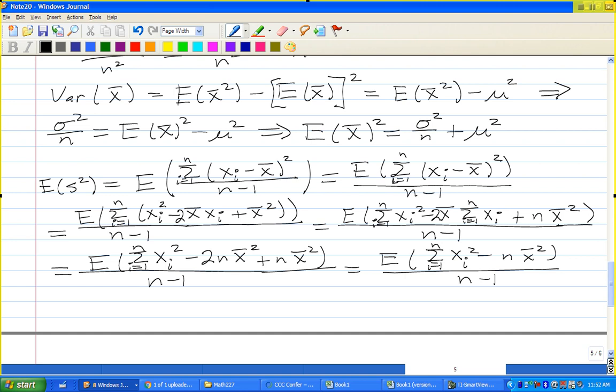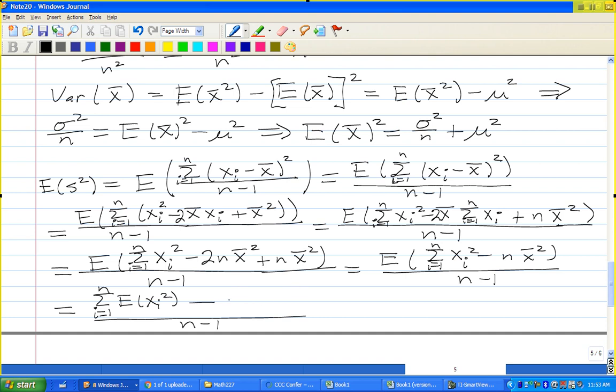Okay. And so this is the same as the sum of the expected value of x_i squared. Oops, that's wrong. Of x_i squared all over n minus 1 minus the expected value. Well, you bring that out.